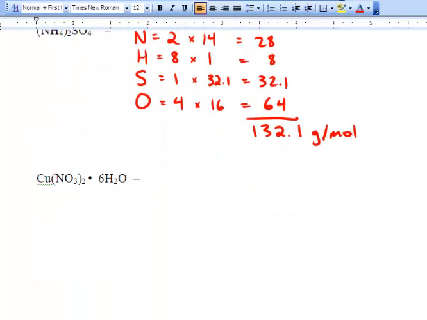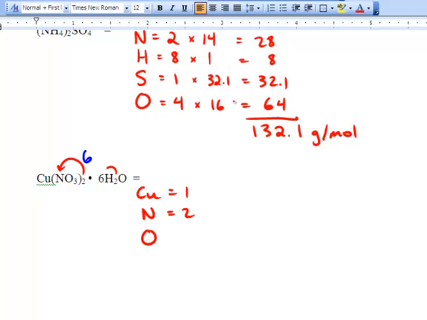Copper 2 nitrate hexahydrate. All right, so we've got 1 copper, we've got 2 nitrogens, and we've got 6 O's right here, and we're going to combine all these in a second.